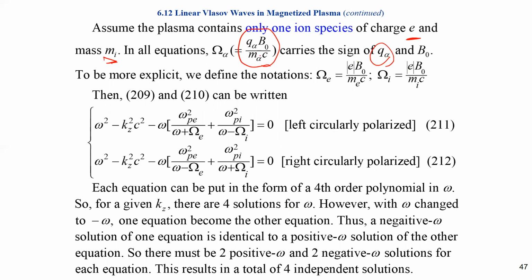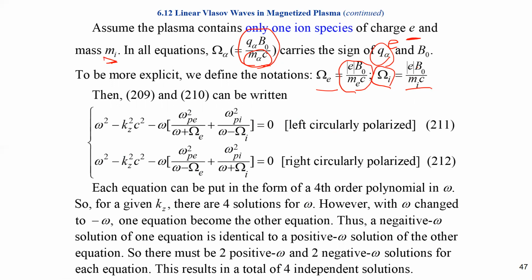The mass is M_alpha. To be more explicit, we define omega_e, the cyclotron frequency of the electron, and omega_i, the cyclotron frequency of the ion. In this case, Q_alpha equals e.